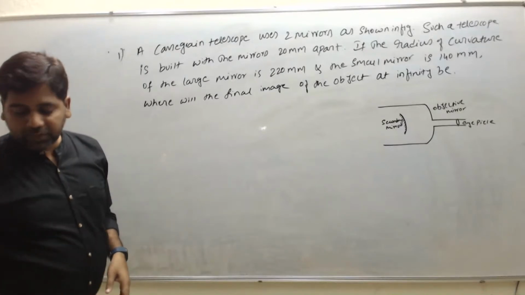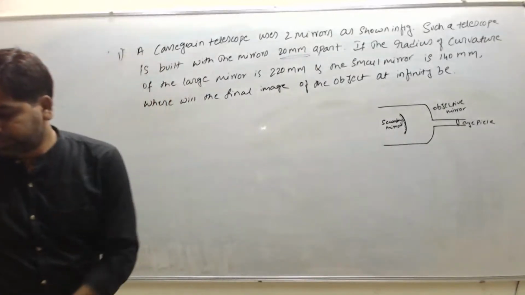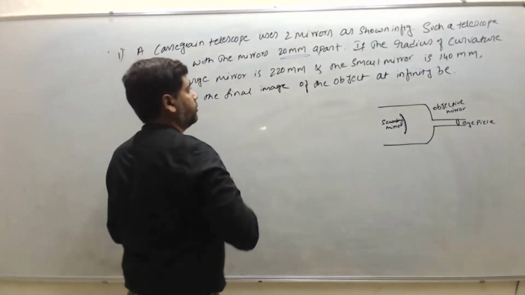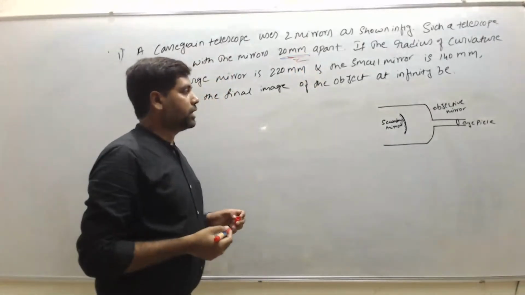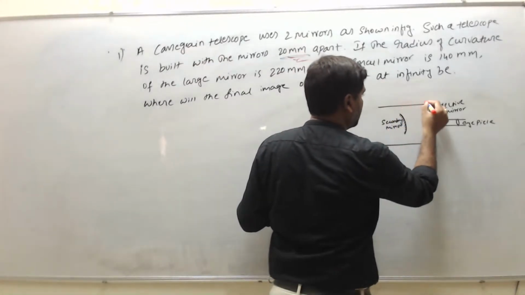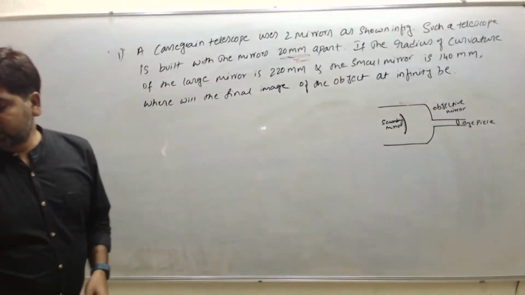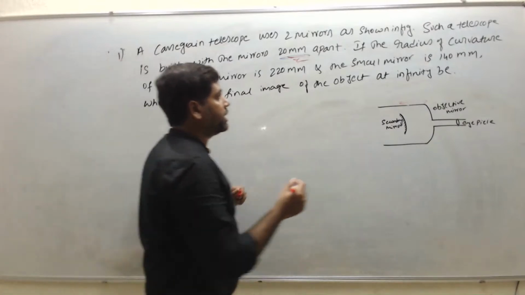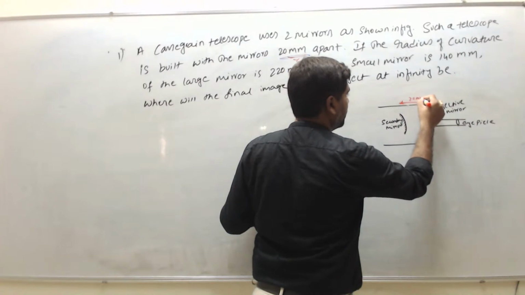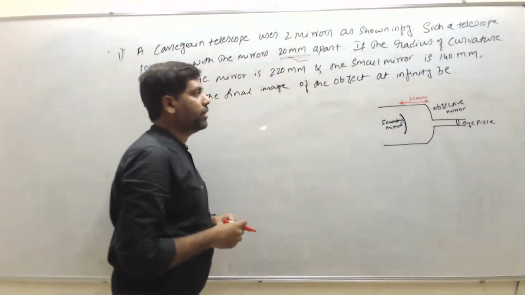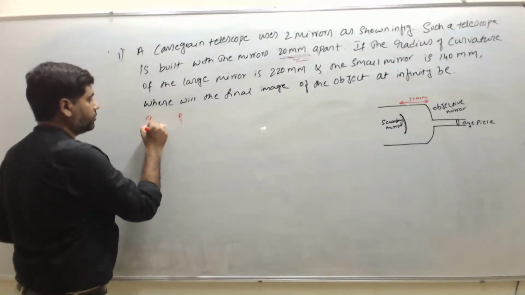That is, the distance between the objective mirror and the secondary mirror, the small mirror, is 20 millimeter.